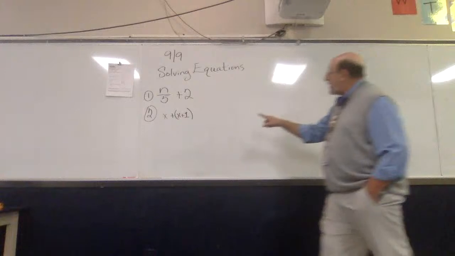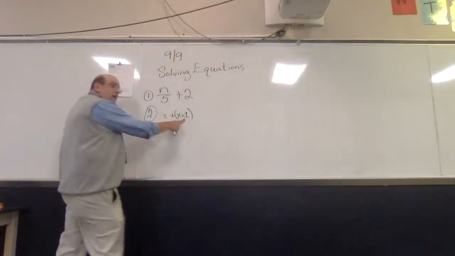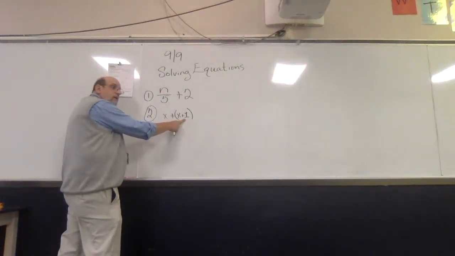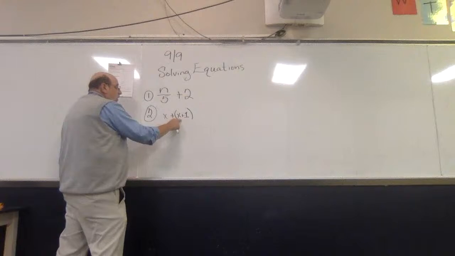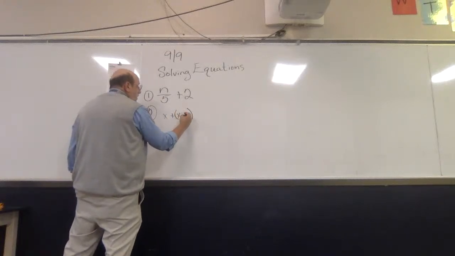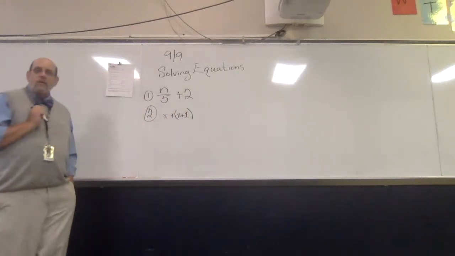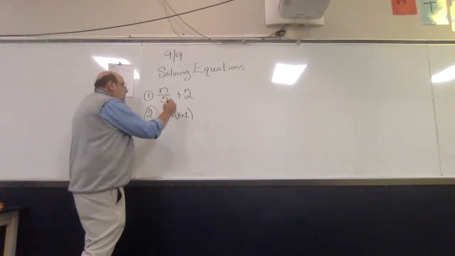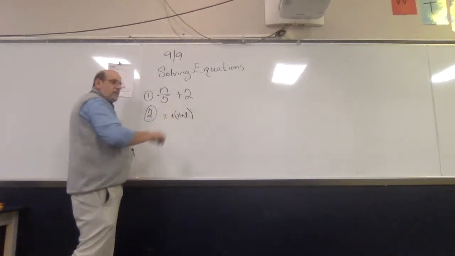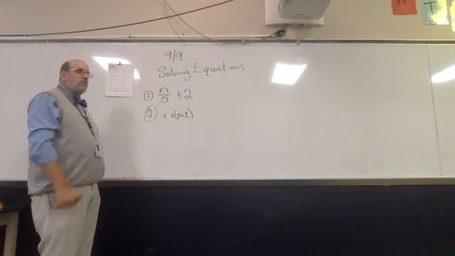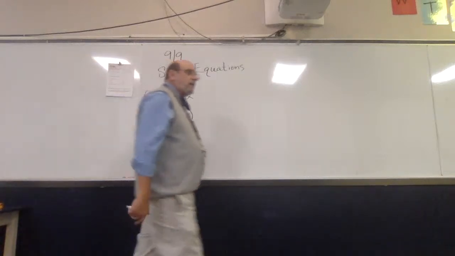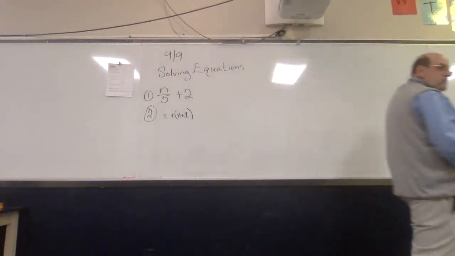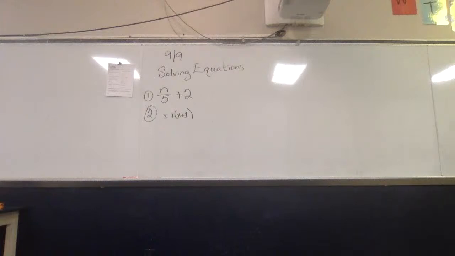This tells me that it's the next number up because I've added 1 to it. Sorry, I thought that was an equal sign. So it'd just be X plus X plus 1, and this is my next consecutive integer. Cool? We're all right with that? We can take a test on this so far? No.